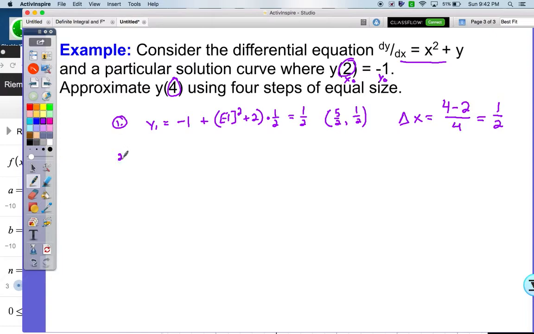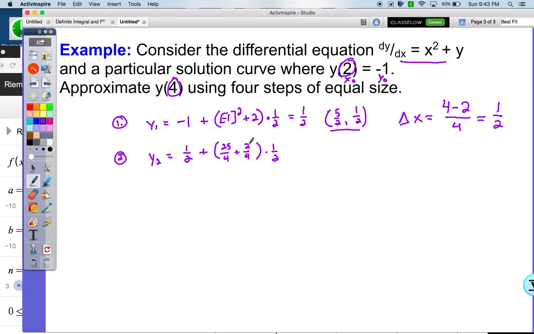All right, step 2, y sub 2. It's my new y value, which is 1/2, plus my derivative at my new point, (5 halves, 1/2), so that would be 25 fourths plus 1/2, which I'll go ahead and write as 2 fourths, times 1/2. All right, add those together.